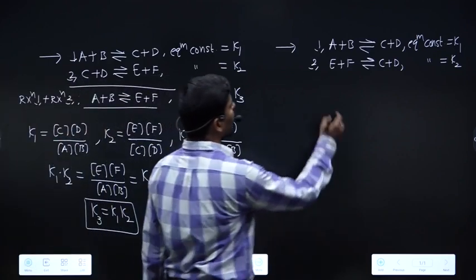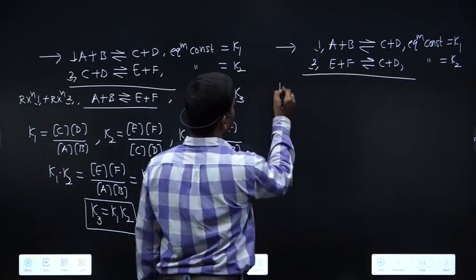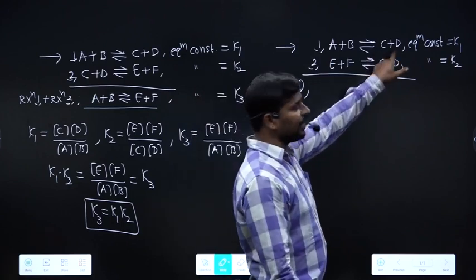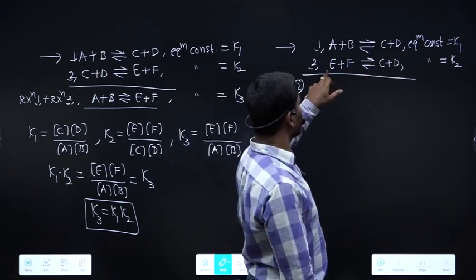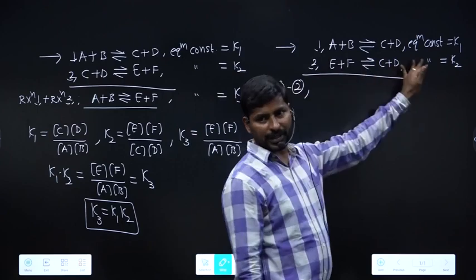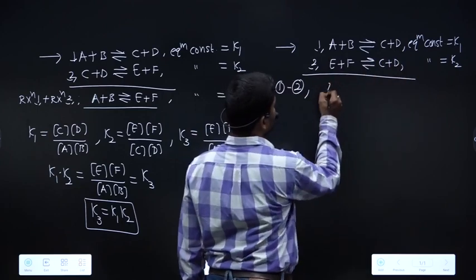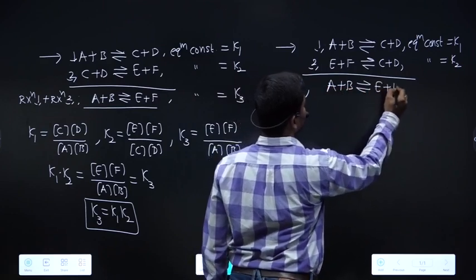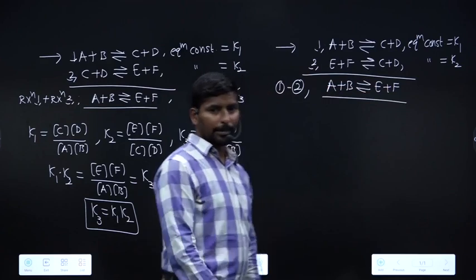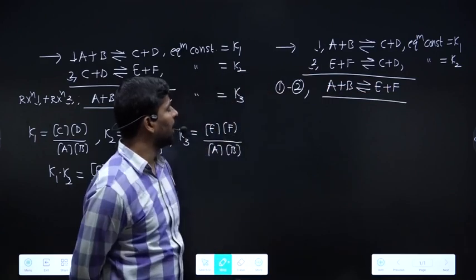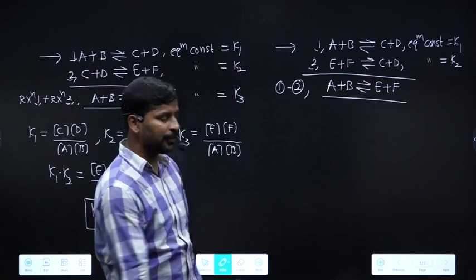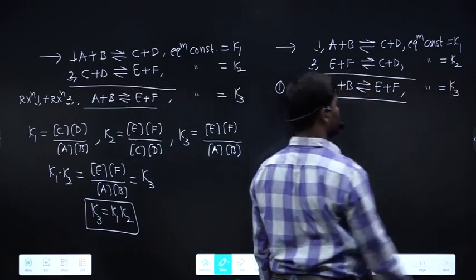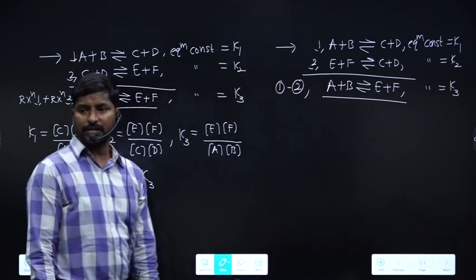Now if you do 1 minus 2, what do we get? CD gets cancelled. Here we get minus E minus F, which if you bring to the right side, finally we get A plus B gives E plus F. For this I am taking the equilibrium constant K3.